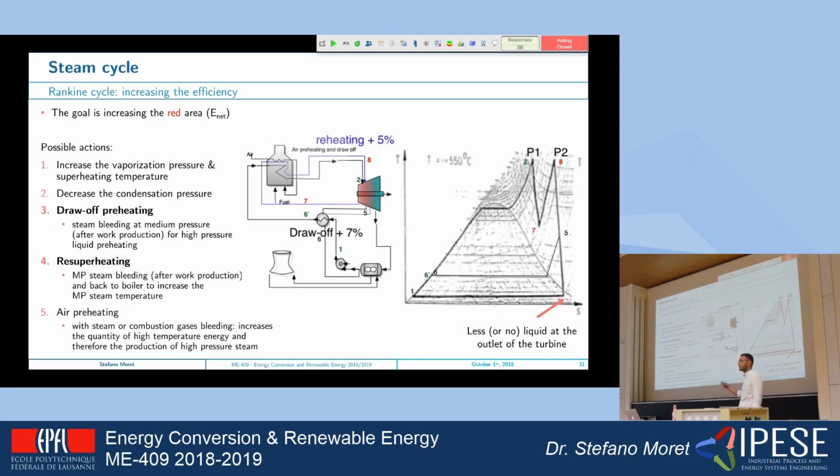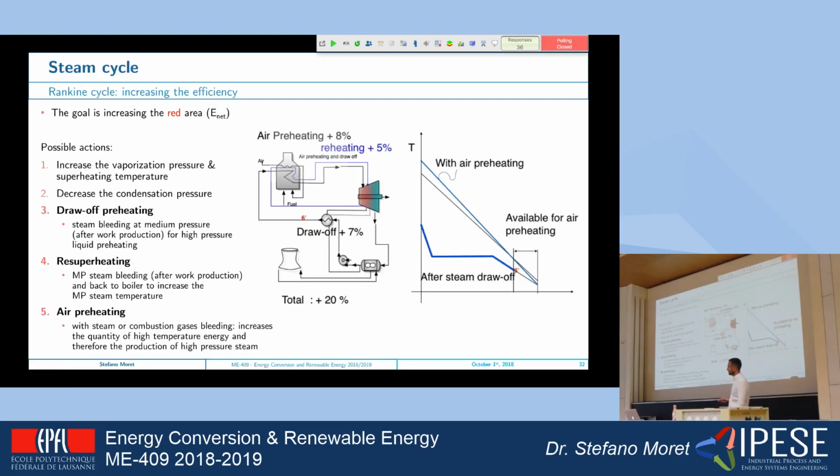So this is a better way to exploit all the heat available from the fumes. And actually in real cycles, if you look at the real diagram, you have multiple superheating. Normally this is done to increase the efficiency and to make the heat exchange more efficient. And this allows you another 5% increase over the 7% that you have.